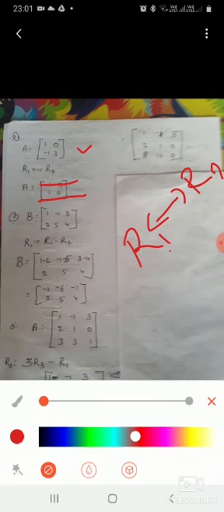Now see the second one. The operation is R1 minus R2. So R1 minus R2 means in the place of R1, the first row, the operation will take place.